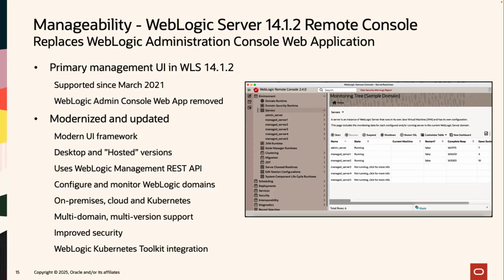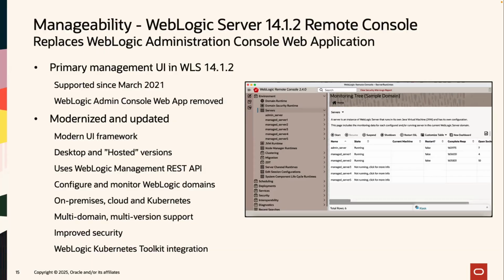It uses the WebLogic Management REST API, which has been available since 12.2.1.4, for connecting to MBeans in WebLogic and performing management actions. It supports all the configuration and monitoring capability that you're used to in the WebLogic admin console, with a familiar navigation metaphor.